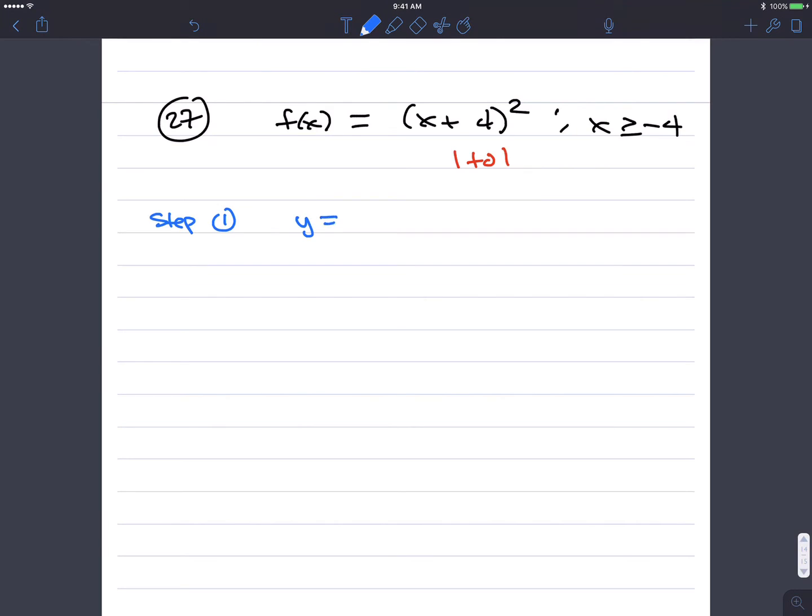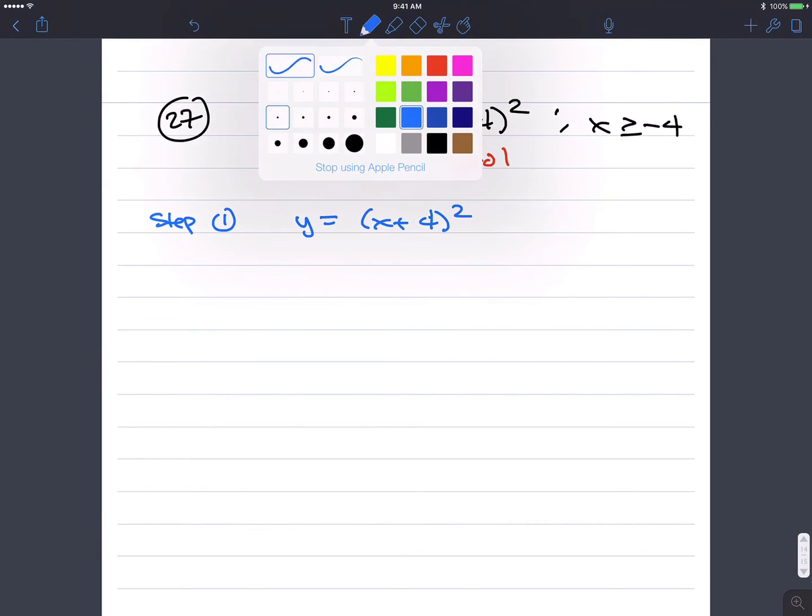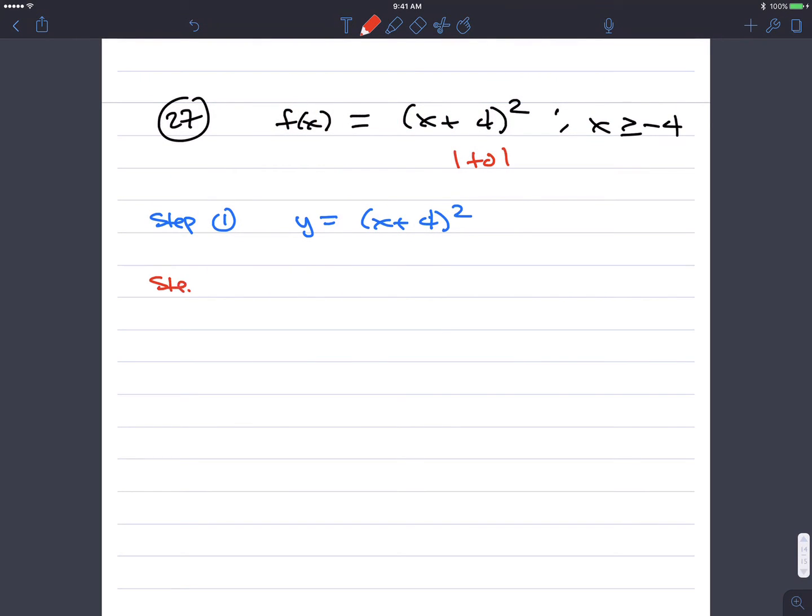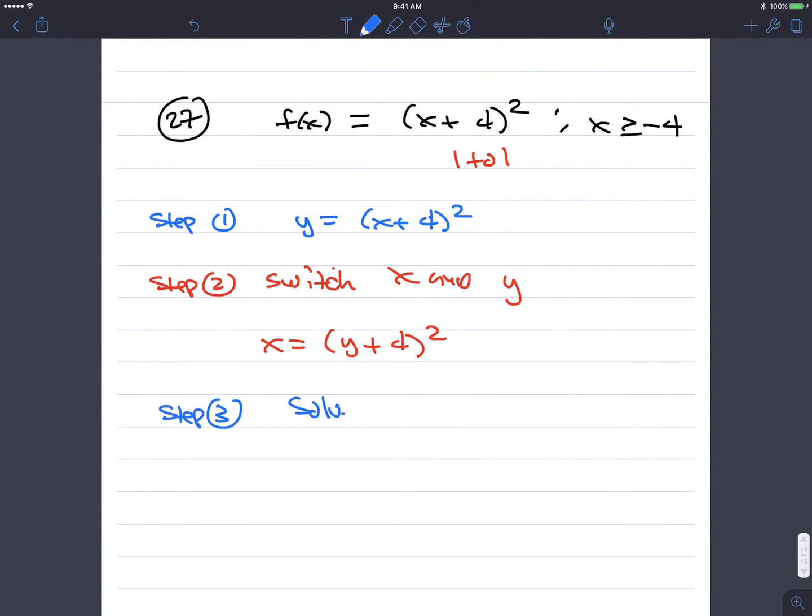You let y be x plus 4 squared. Step 2. Switch x and y. So if you do, you get x is y plus 4 squared. Step 3. Solve for y.